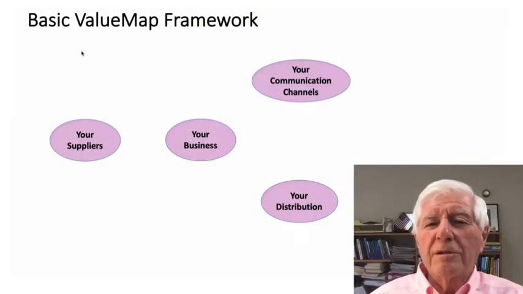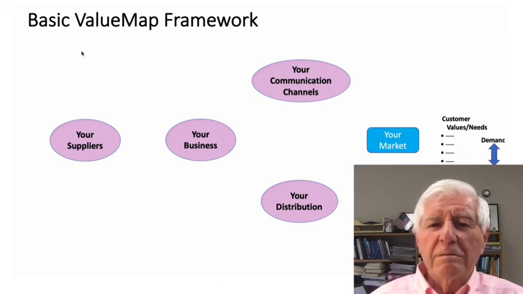Okay, let me summarize. I've given you 7 tools for you to use when you begin to draw your own value map. Let me walk you through them by reviewing these in a simple value map. We start with your stages. That's where value is created. And we go on to your market.